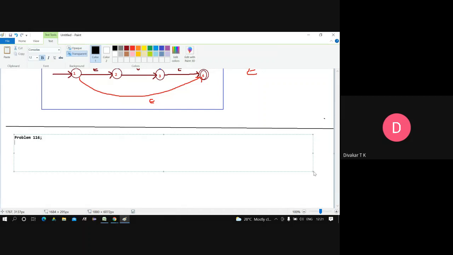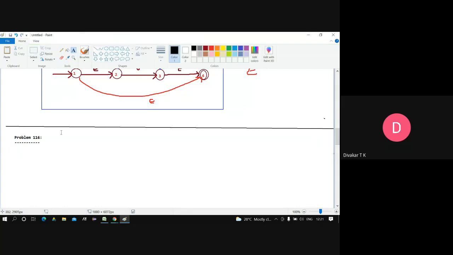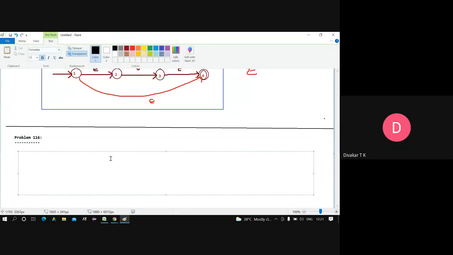Problem number 116. Yes, okay. Construct an NFA with epsilon moves for 0, 0 star.